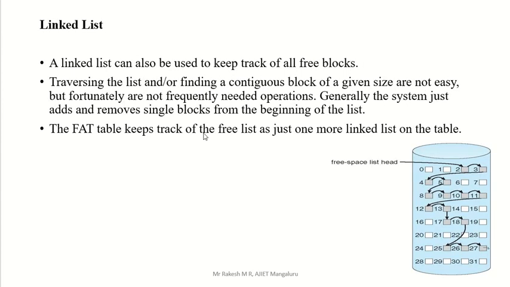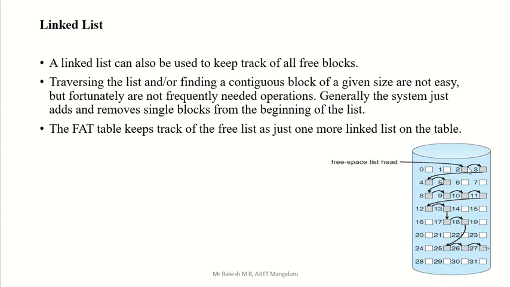In the previous linked list we saw, we link whichever block is free, storing that block address in the previous one. But in the grouping method, here we have block 2, which is free. For the remaining free blocks, all the free block addresses are collected and stored in the second block.